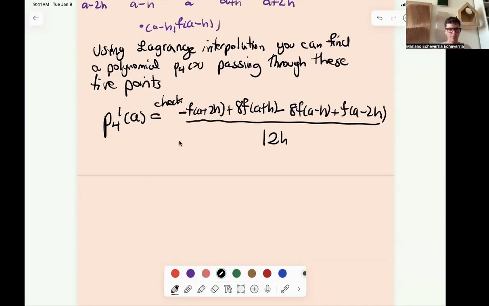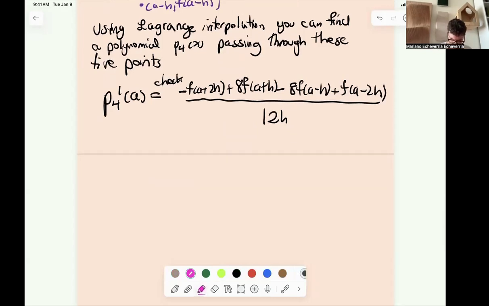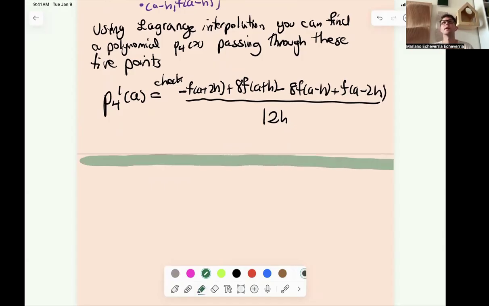So again, now we're thinking in terms of differentiation and integration. The next step is to approximate integrals. The idea will be that you want to approximate that integral by integrating a polynomial instead.